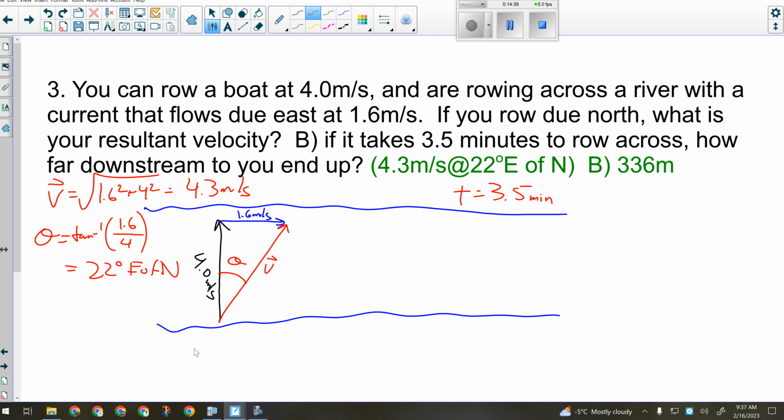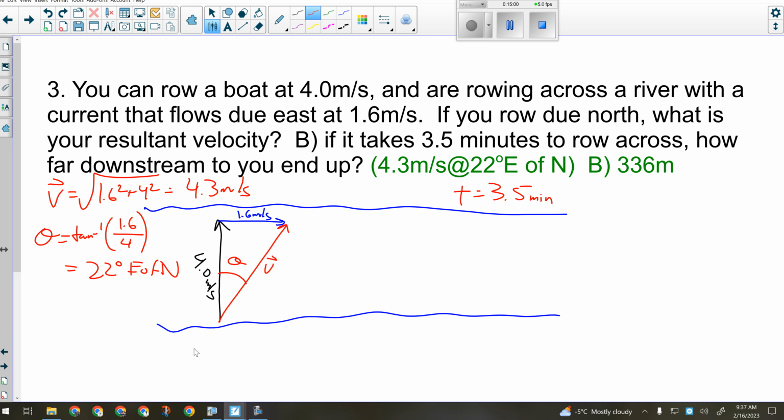The entire time I'm rowing across the river, what am I also doing? Getting pushed downstream by the current. 1.6 meters every second. Yes. Follow my logic here?